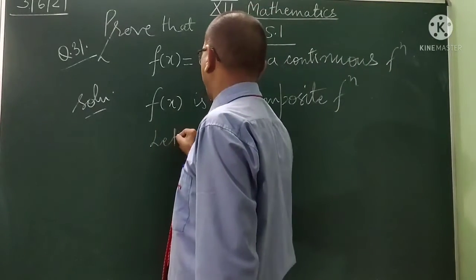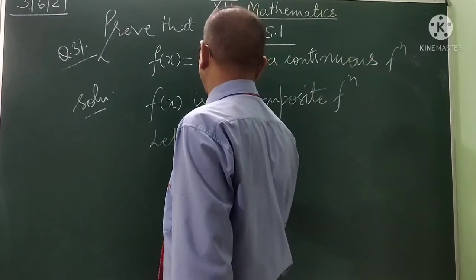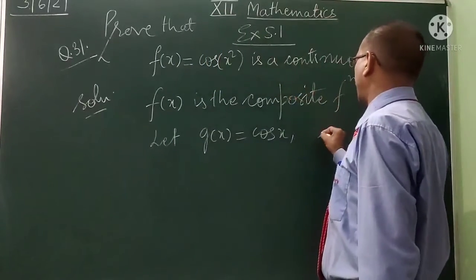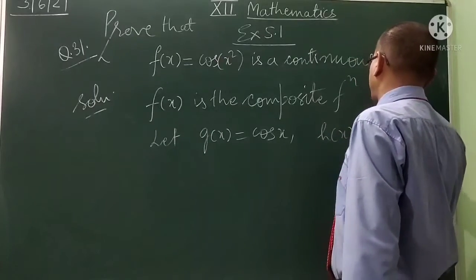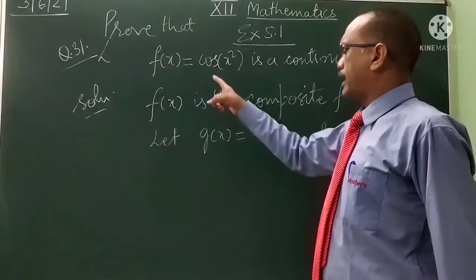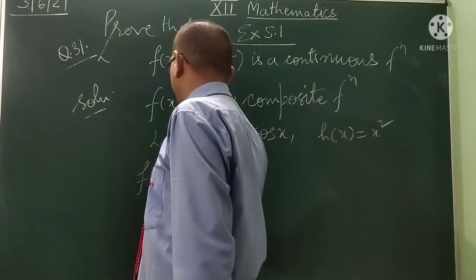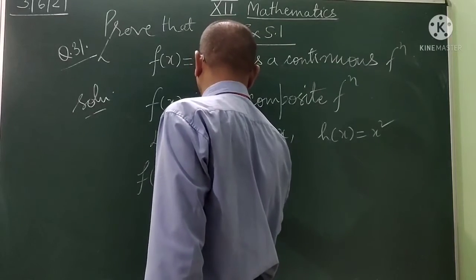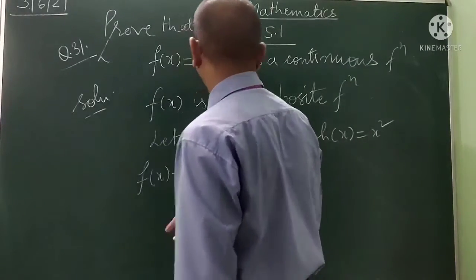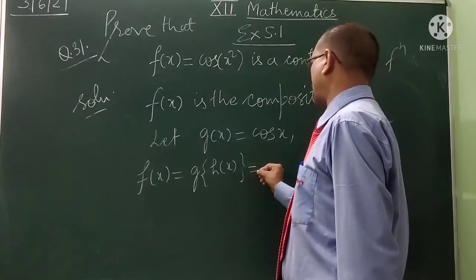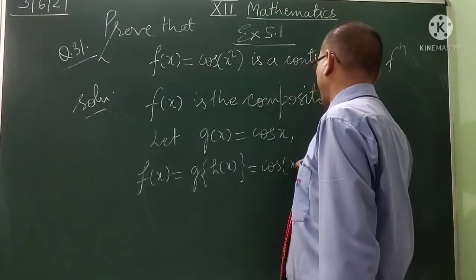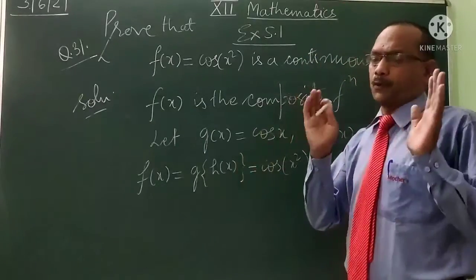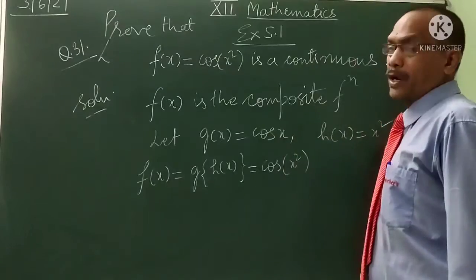Let one of the functions be g(x), which is cos x, and the other function be h(x), which is x square, and f(x) is the composition g of h(x), because it is cos of x square. So it is the composition of two functions, cos x and x square.